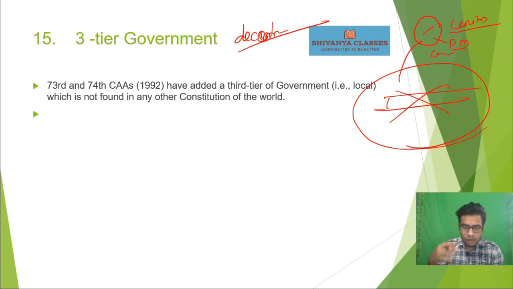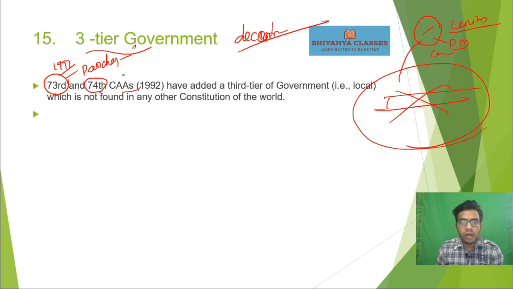After practicing 40 years of independence, our country thought we needed further decentralization to give the power back to the people, to the rural area, to the grassroots. So they brought a three-tier structure. The 73rd Constitutional Amendment 1992 is for Panchayati Raj, and the 74th Constitutional Amendment Act is for municipalities.